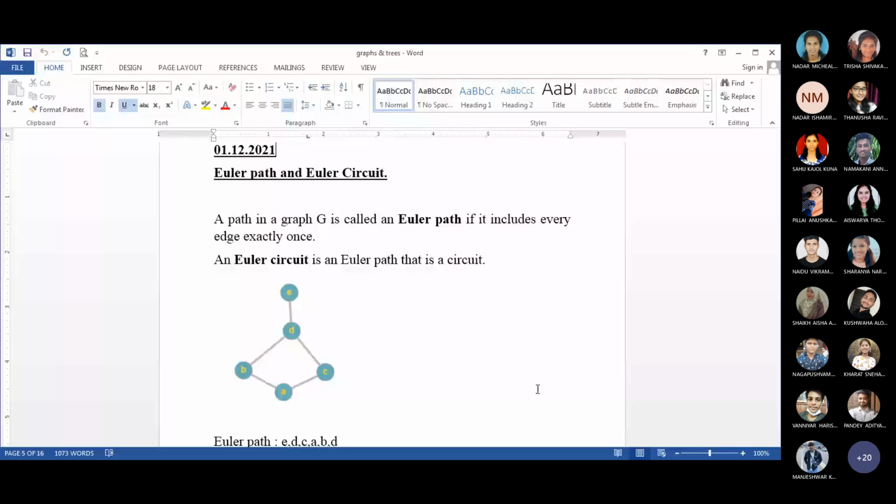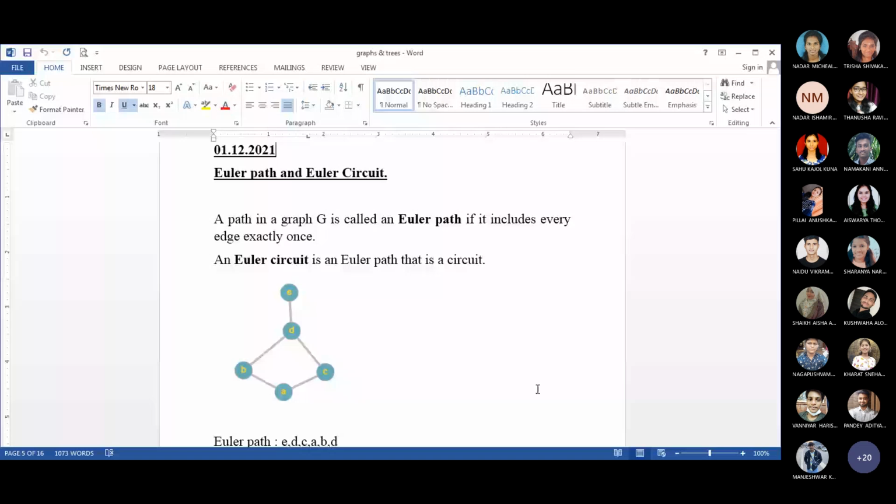ठीक है. Euler circuit is nothing but a Euler path which is a circuit. That means a Euler path which begins and ends at the same vertex is said to be a circuit. Again I repeat, a Euler path which begins and ends with the same vertex is said to be a circuit.